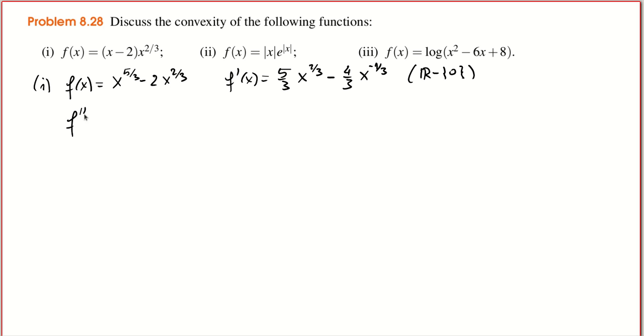Now we take the second derivative here, and what we have is, you multiply this by 2/3, so that's 10 over 9, right? And then x to minus 1/3, minus, and then with the minus it is a plus, and then you have 4 divided by 9, x to the power minus 4/3.